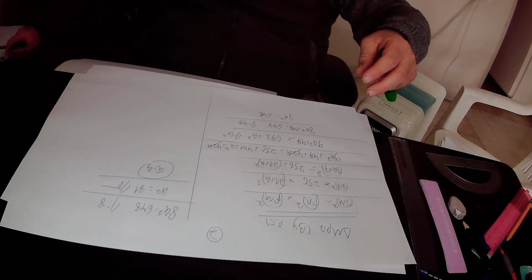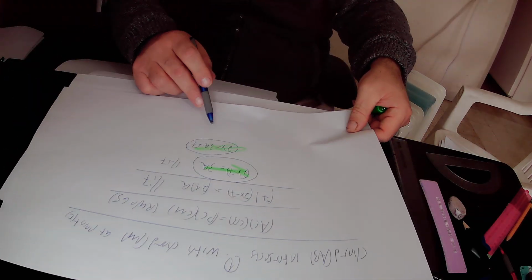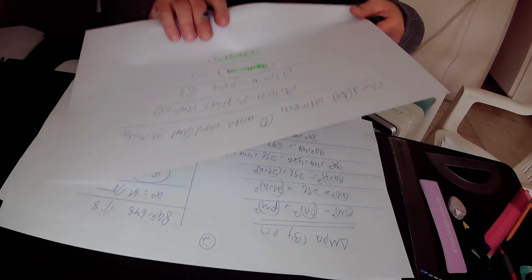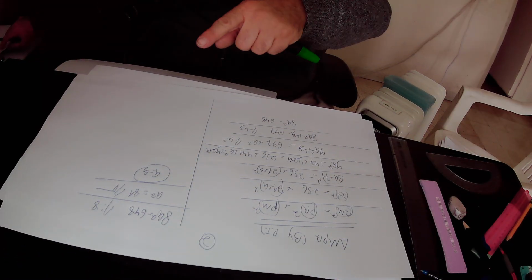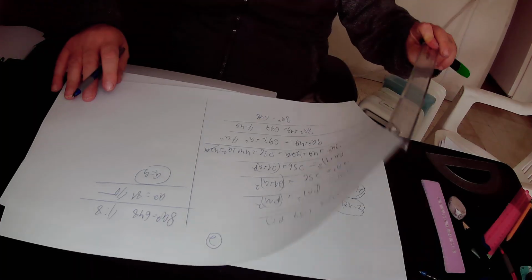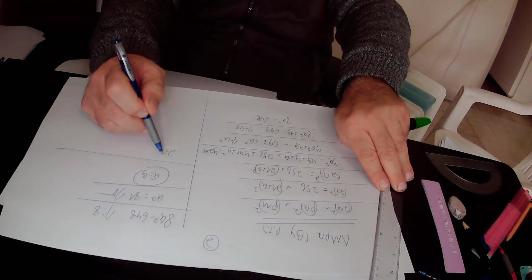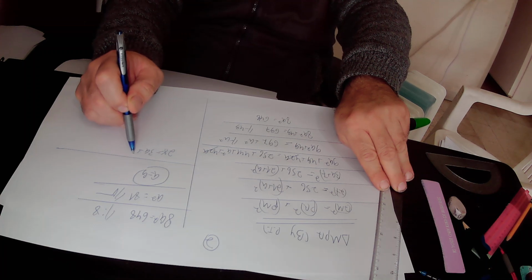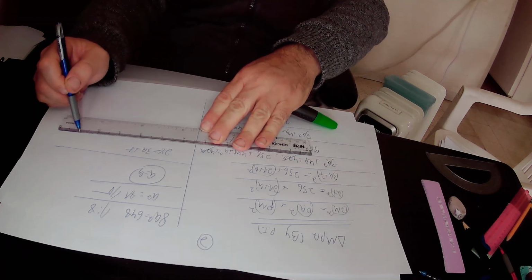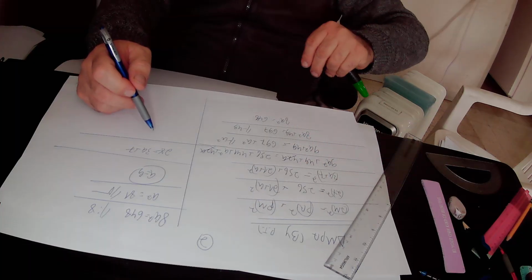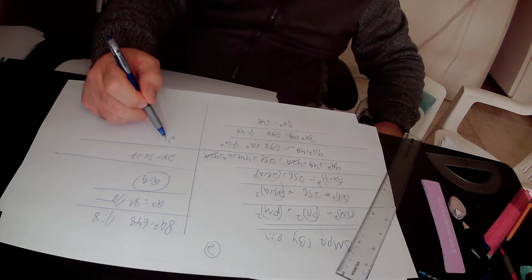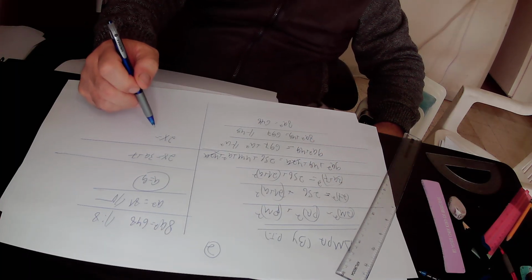We already found out that 2x equals 3a plus 7. I'll copy this equation here. X is the radius of the semicircle. So 2x equals 3a plus 7.